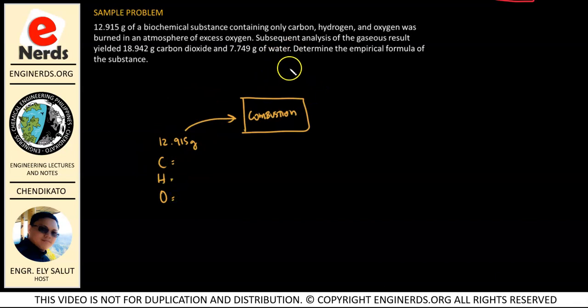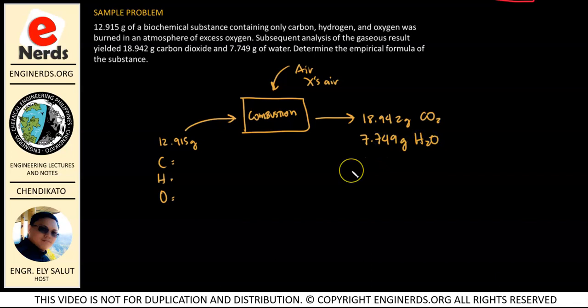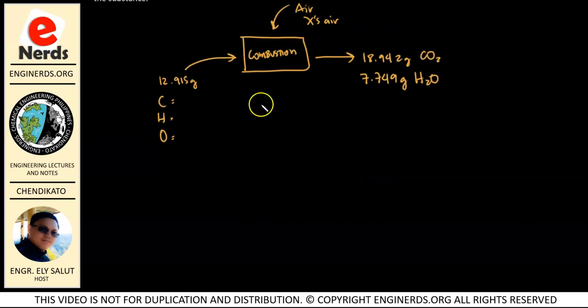And it was burned using air, no? And meron tayong ginagamit na excess air to ensure that we will have complete combustion. So ano yung naging product natin? It yields 18.942 grams of carbon dioxide and 7.749 grams of water. Okay, so basically, pareho lang ng ginawa natin kanina, no?